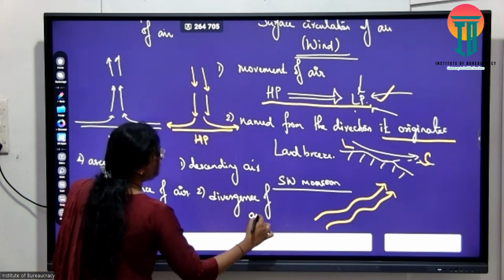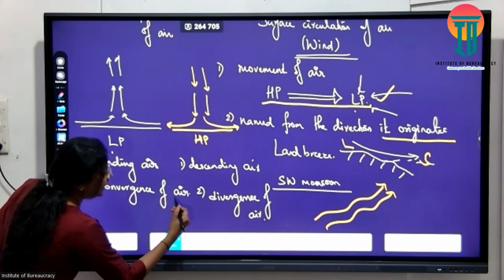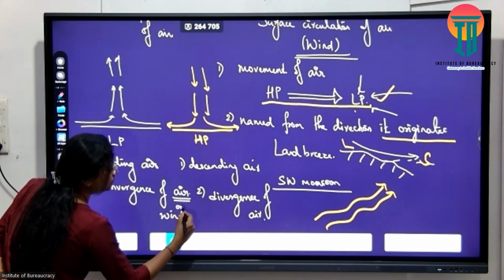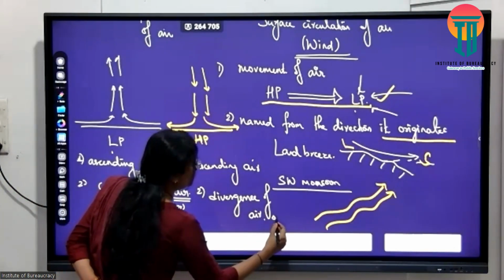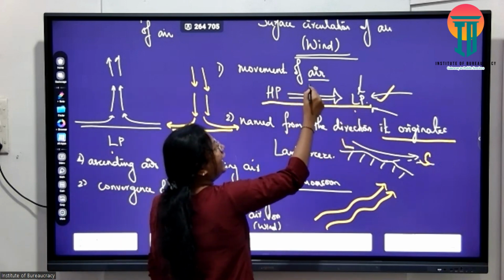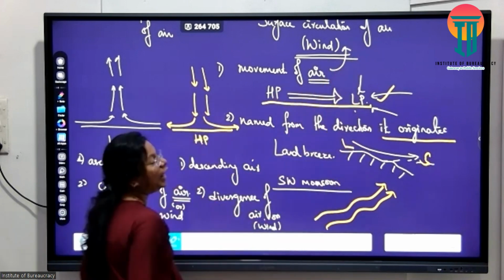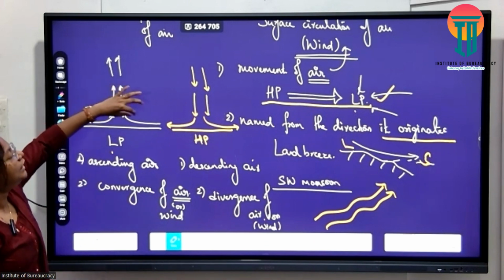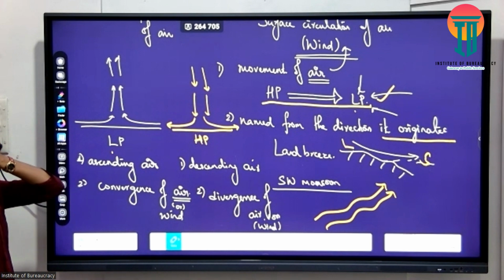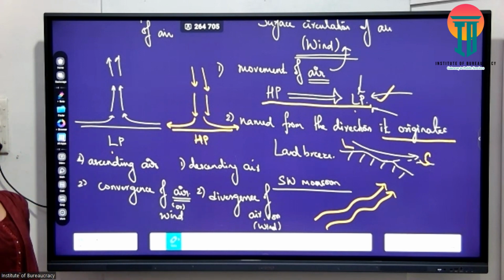In the air, I'm going to replace the word wind, because air that moves from high to low is what we call wind. So convergence and divergence of wind are characteristics of low pressure and high pressure regions.